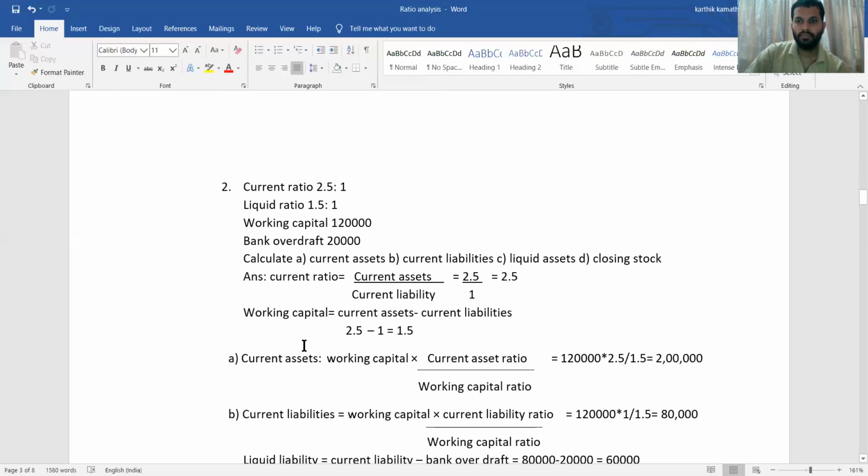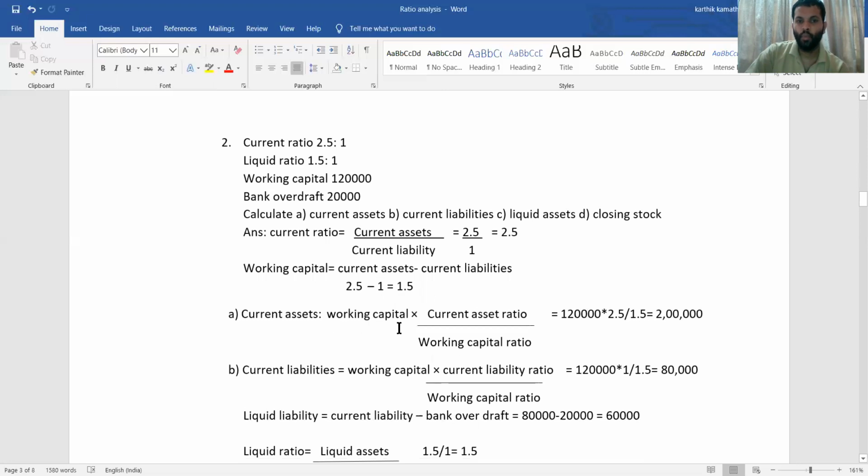So in this problem, we are going to solve using working capital ratio. So current asset is working capital into current asset ratio divided by working capital ratio. Working capital is given in the problem, that is 1,20,000, into current asset ratio, which we just got, that is 2.5, divided by working capital ratio.